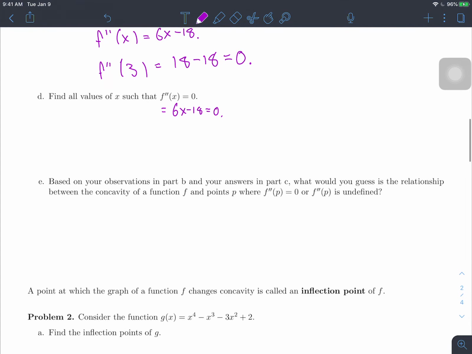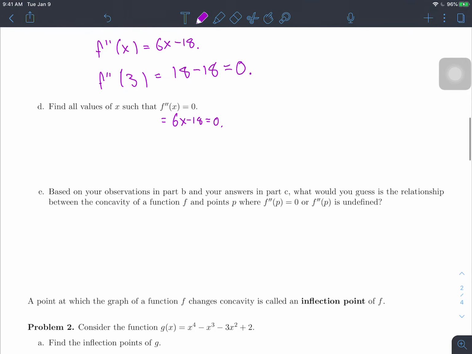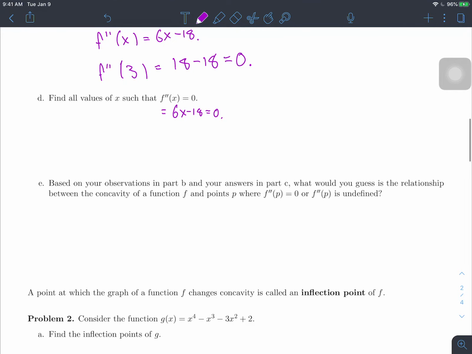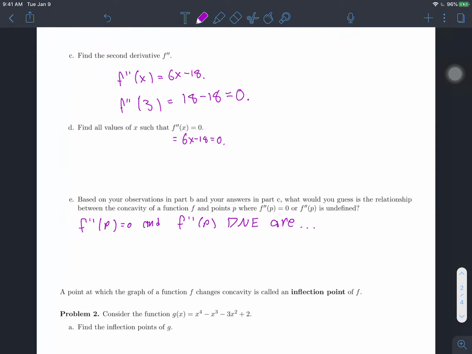All right, based on our observations in part B and our answers in part C, can we guess the relationship between concavity of a function f and points P, where f double prime of P equals 0, or f double prime of P is undefined? Yes, we can. All right, what do we think?